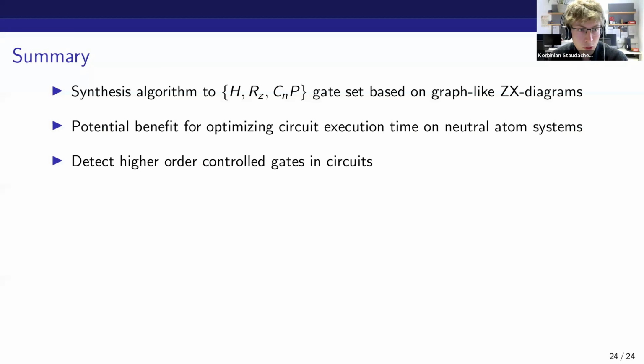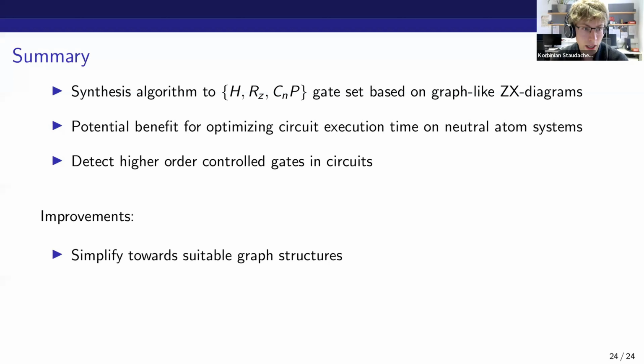And the synthesis algorithm by itself, I think, is already quite nice because we can use it to detect these higher order controlled gates in the circuit, even if none of them were present in the circuit before. And possible improvements, I already talked about that in the last slide.